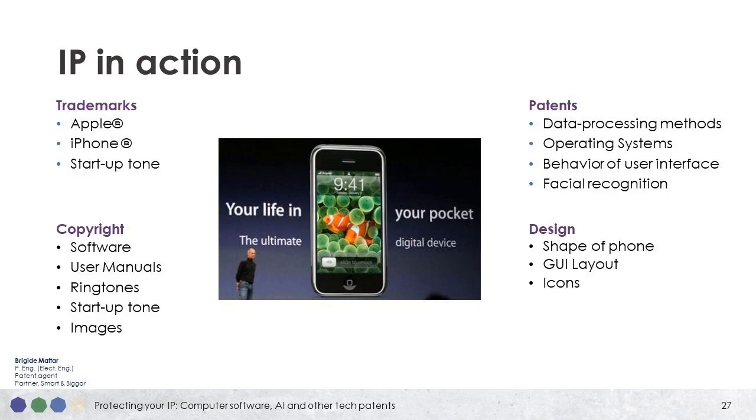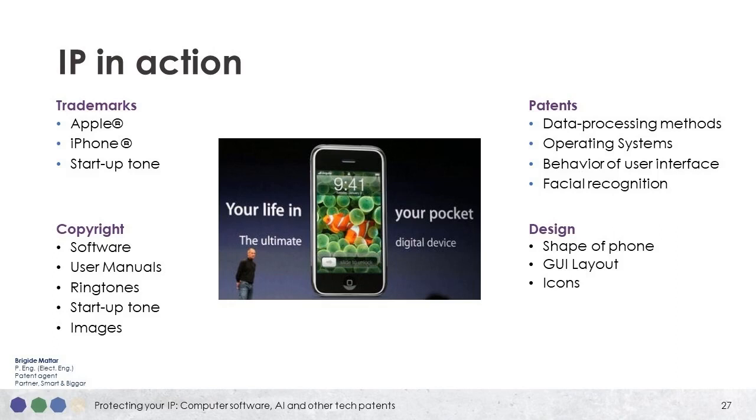If we move now to the other forms of protection, you've got patent protection on things like the operating system that could be covered by patent protection, the behavior of the user interface. So what's the user experience, the different ways in which, for example, you can open your phone by the slide bar, facial recognition algorithms and processes.